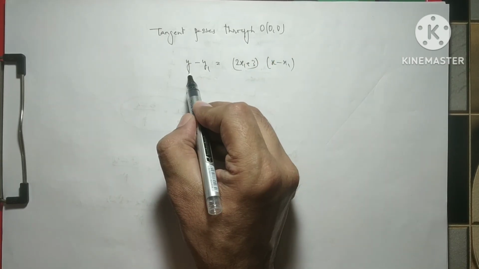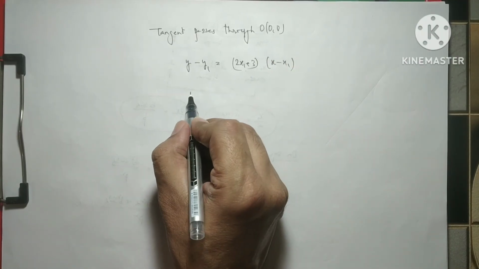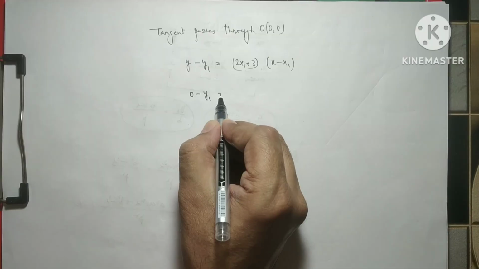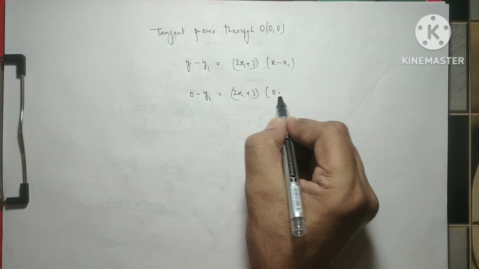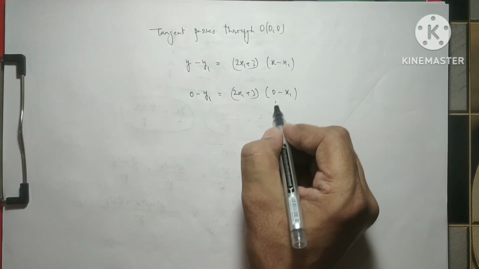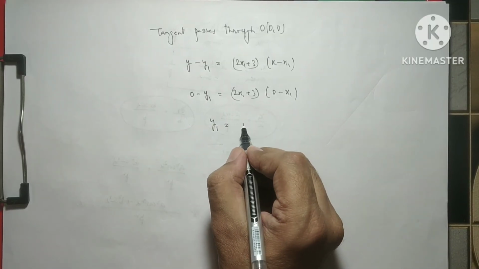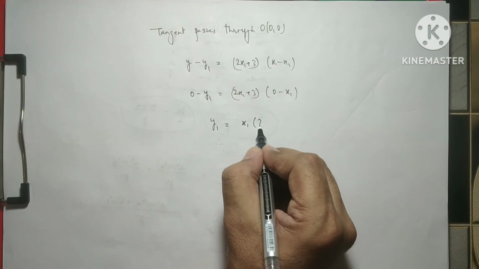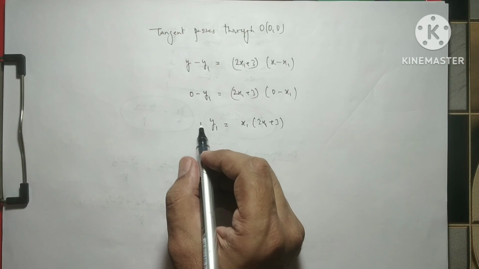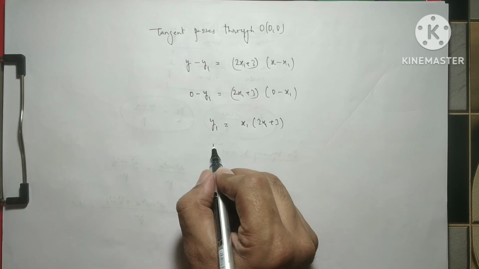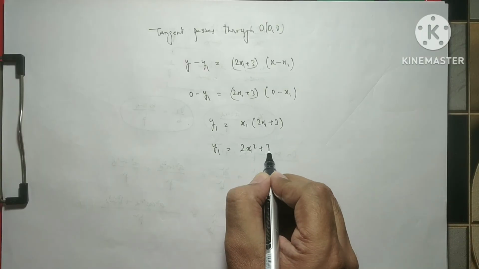So we put x y as 0 0. That means 0 minus y1 equals 2x1 plus 3 times 0 minus x1. When you cancel minus minus, you get y1 equals x1 into 2x1 plus 3. So this is the value of y1, or you can say y1 equals 2x1 square plus 3x1.